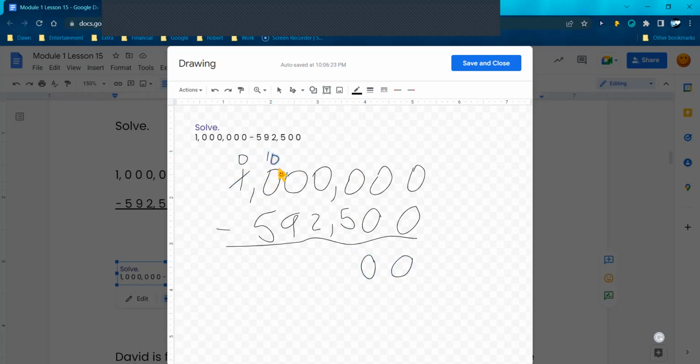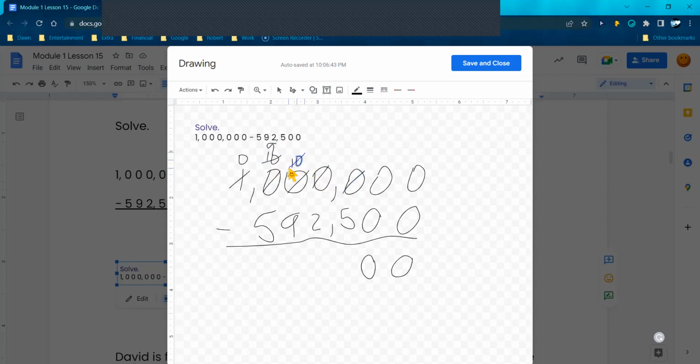but I need to regroup again. So I'm just going to cross out all my zeros right here and you'll see why. So this 10 becomes a 9 because this becomes a 10. So we took 100,000 and turned it into 10 10,000s. But I need to give it to the thousands.